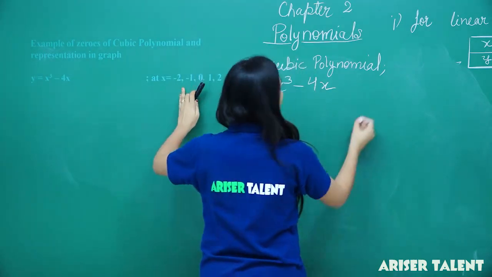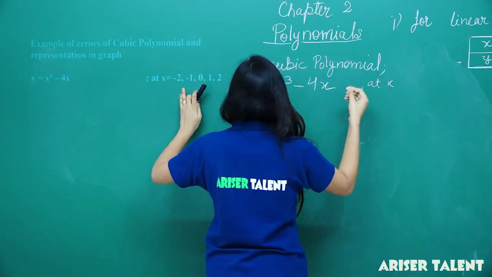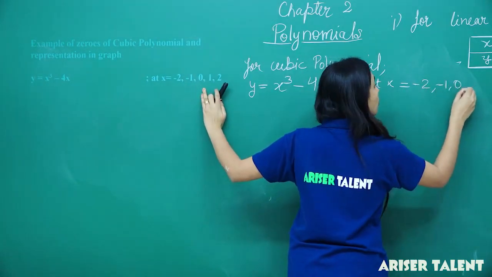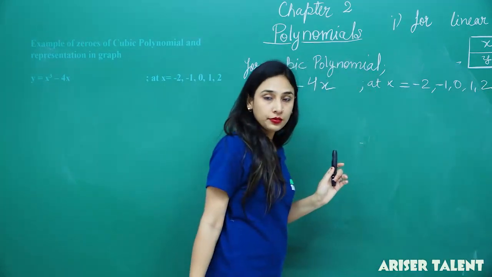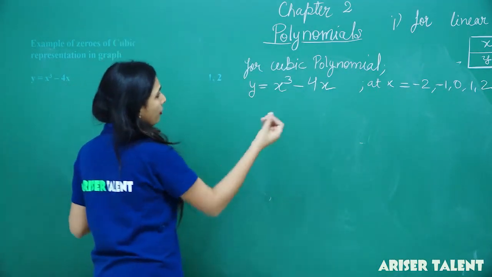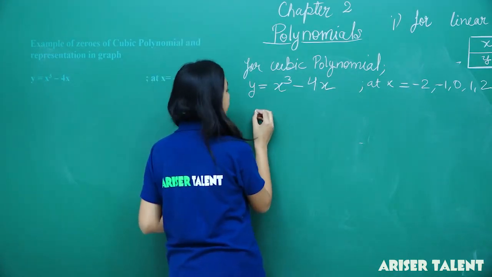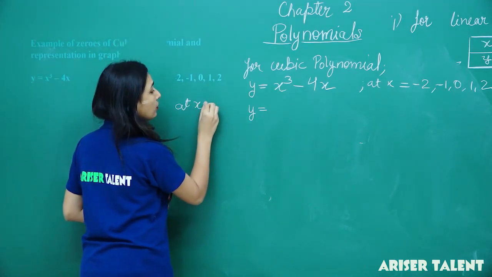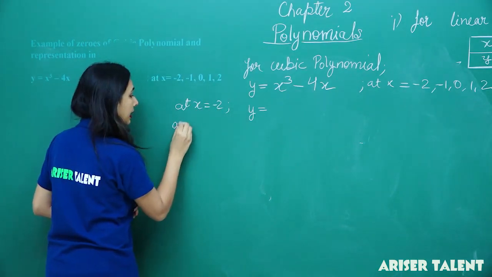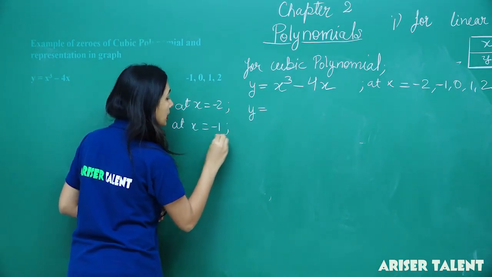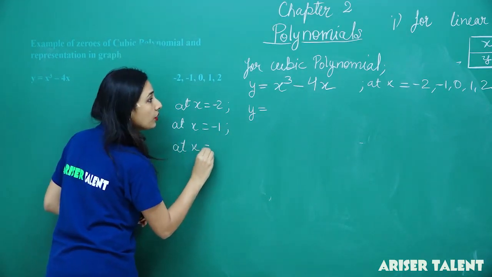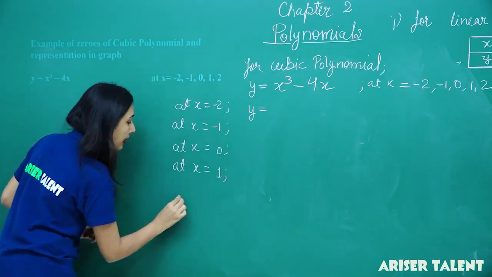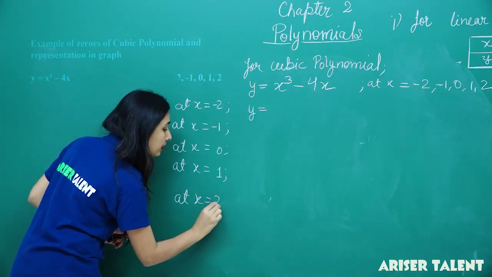We have the values. Write them fast. Minus 2, minus 1, 0, 1 and 2. Right? So, we're going to do the same process: at x equals minus 2, at x equals minus 1, at x equals 0, at x equals 1, at x equals finally 2.